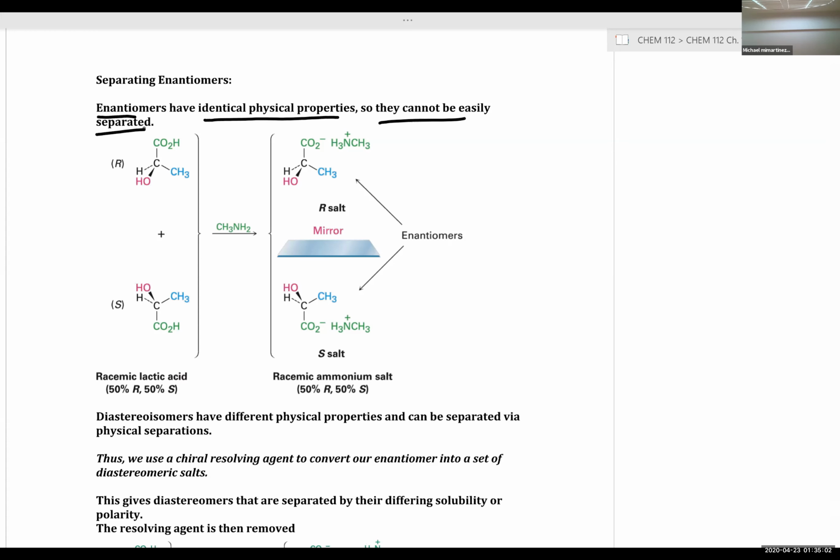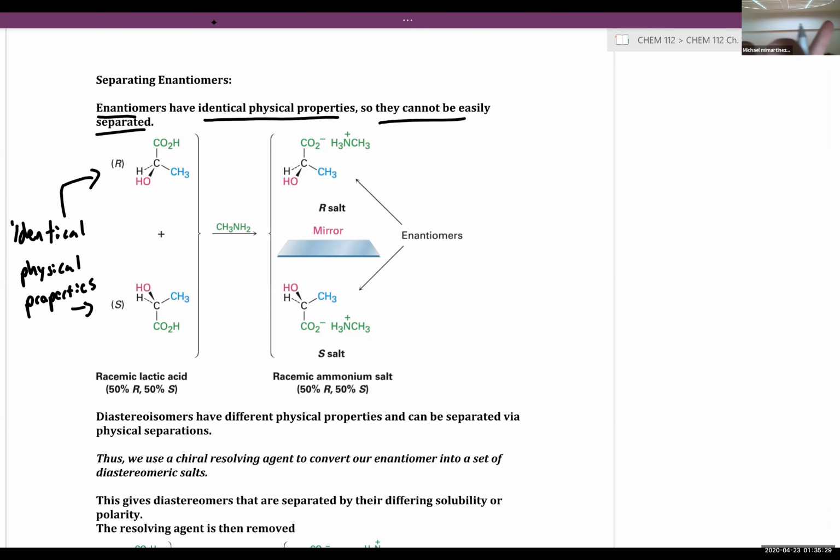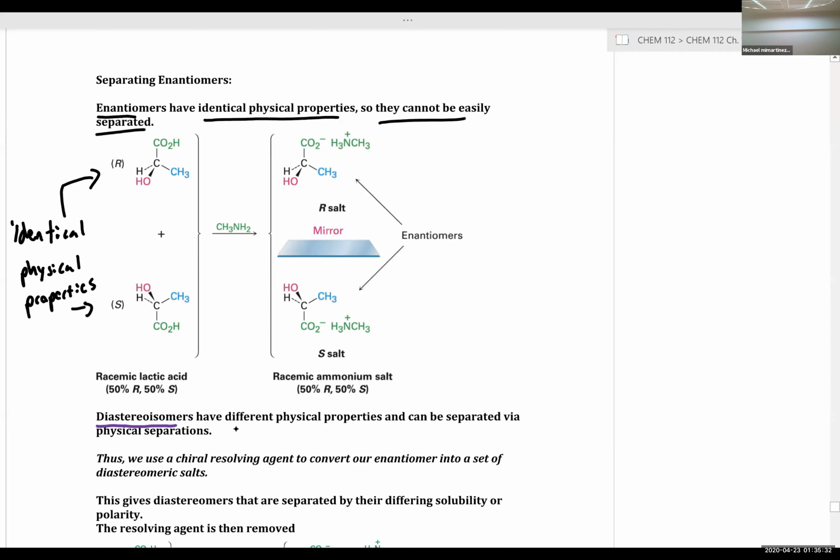If we look at, for example, racemic lactic acid, both of these two enantiomers have identical physical properties. However, we know that diastereomers have different physical properties and can be separated via physical separations.